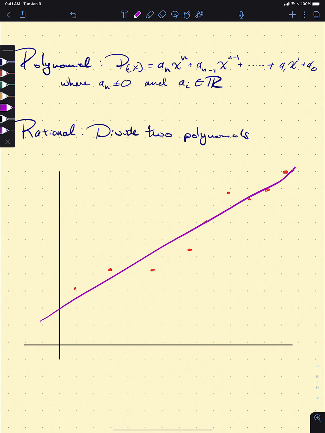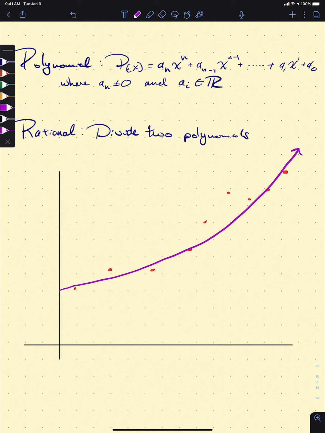You could say take this line, right? That's pretty good. If you wanted something a little bit more complicated, you could also view this as a very shallow quadratic, right? That's slowly ramping itself up.